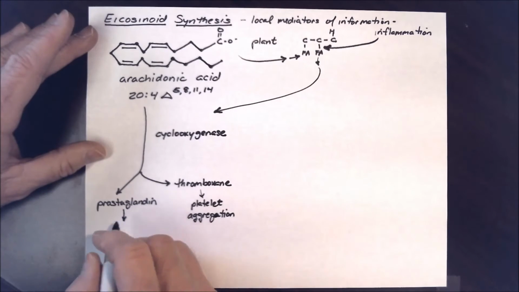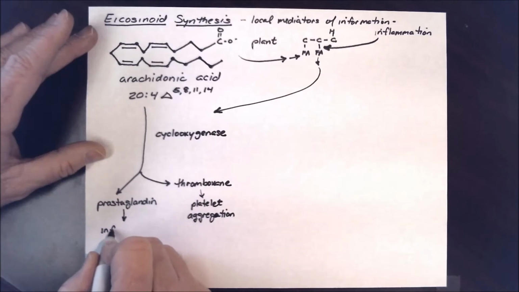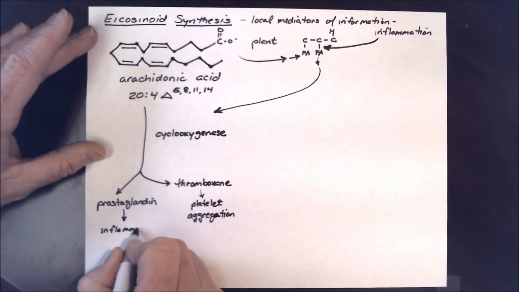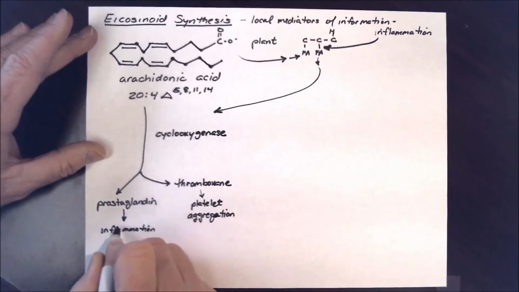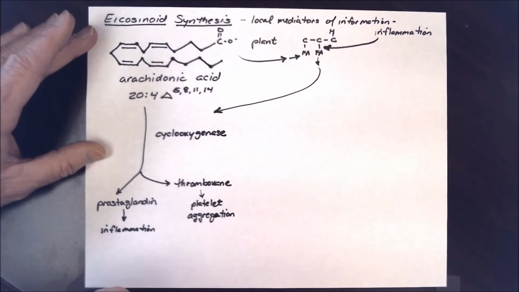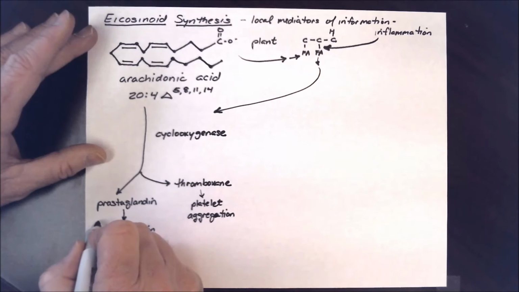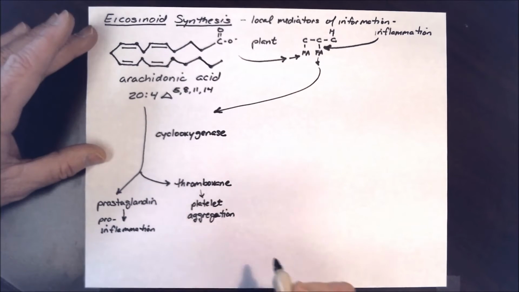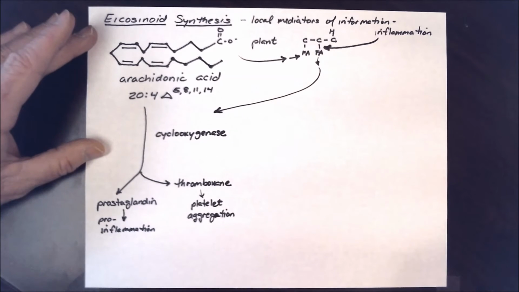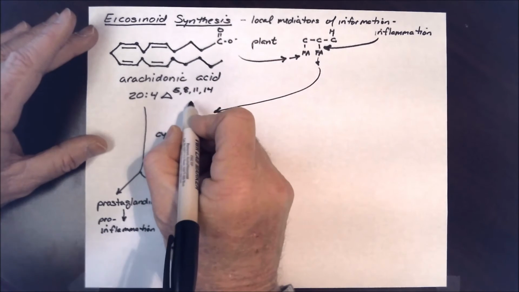Prostaglandins are involved in inflammation. So these prostaglandins are essentially the inflammatory signals, and so these are considered pro-inflammatory because they enhance the inflammatory signal. Now, arachidonic acid also has another processing pathway.